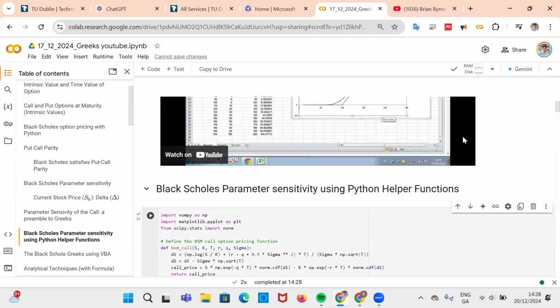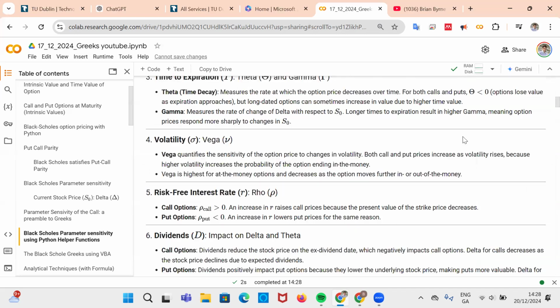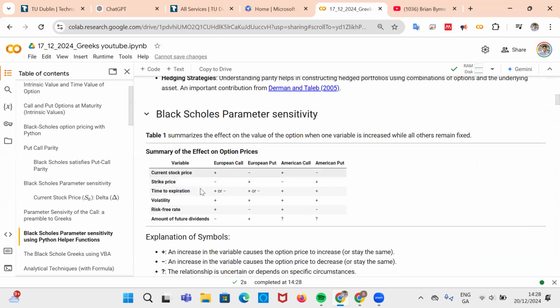And that's why we're getting that indeterminate relationship in terms of time to expiration and the value of the call option. It's not clear. There are circumstances where as we increase the maturity of the option, the value of the call can drop.